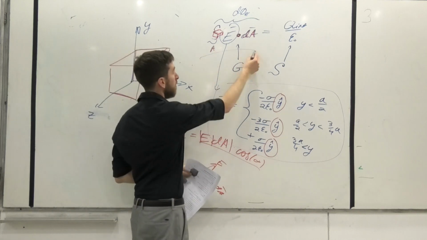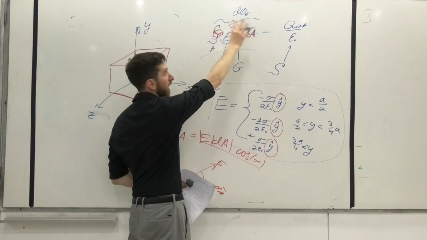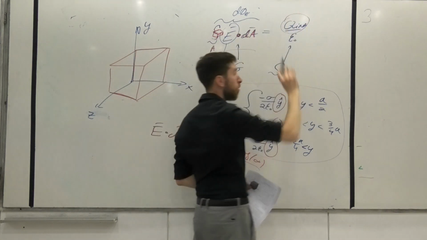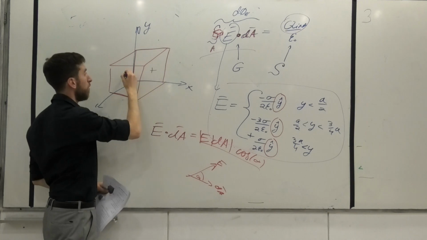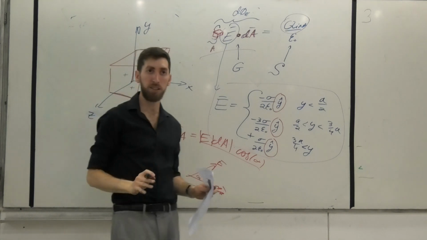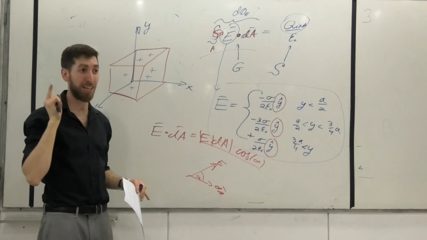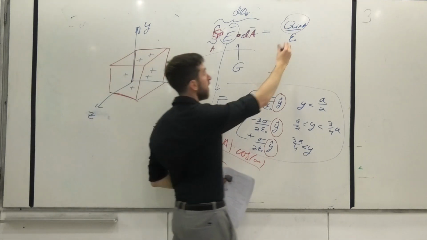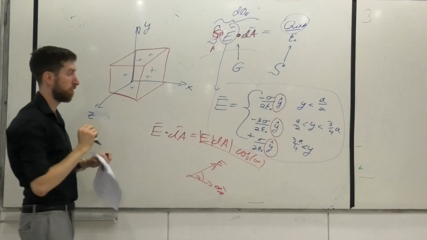Gauss's law says, take an imaginary surface, and if you can calculate this side, I for sure promise you, it's equal to the charge inside. I don't know what's going on inside. I don't know how crazy the party is there, how the charge is distributed, but I can tell you for sure what is the total charge inside this imaginary box.